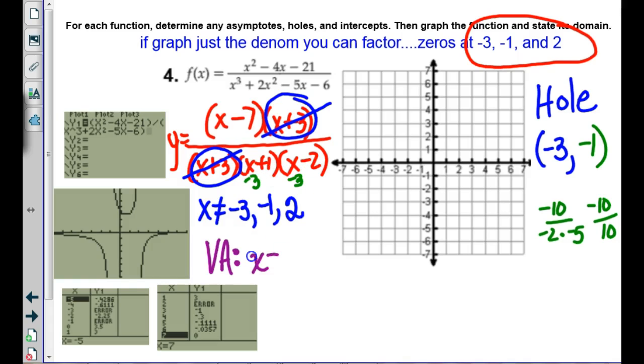They are at x equals -1, make sure they're equations, and x equals 2. We can graph those. -1, +2. Nolan, please take notes.